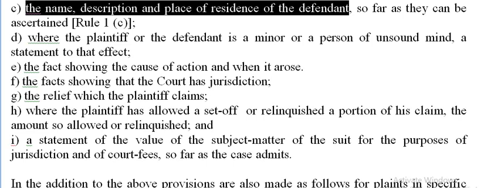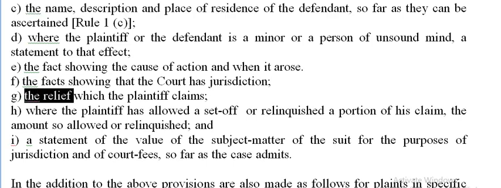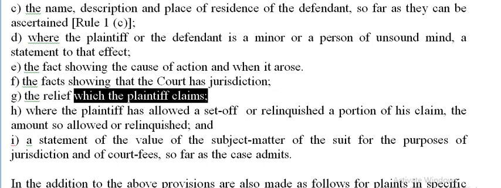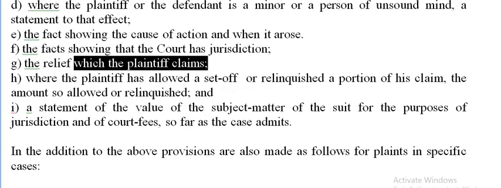Next, the facts showing that the court has jurisdiction. So we will write in our plaint that the court has jurisdiction to try this suit. And then the relief which the plaintiff claims, we have to mention.